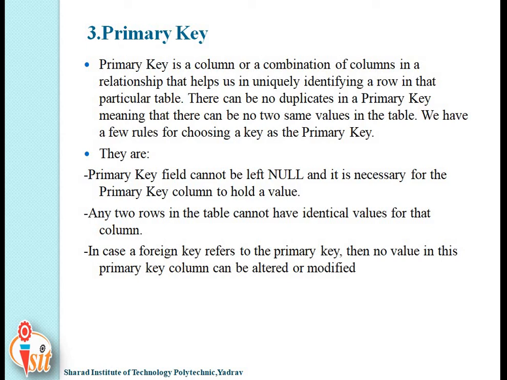The primary key field cannot be left null, and it is necessary for the primary key column to hold a value. Any two rows in a table cannot have identical values for that column. And the last one is, in case a foreign key refers to the primary key, then no value in this primary key column can be altered or modified.